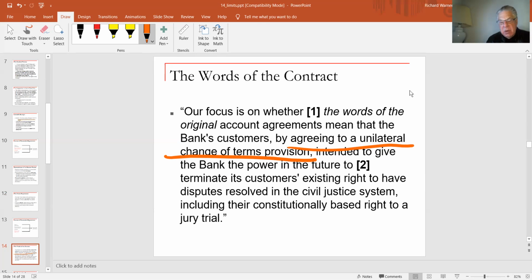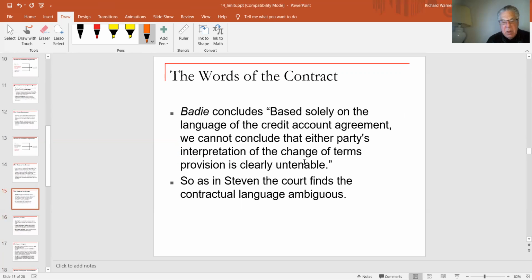Here, as in Stephen, they find the contract ambiguous on this point. They say we could read it either way, so that doesn't play much of a role in their decision.